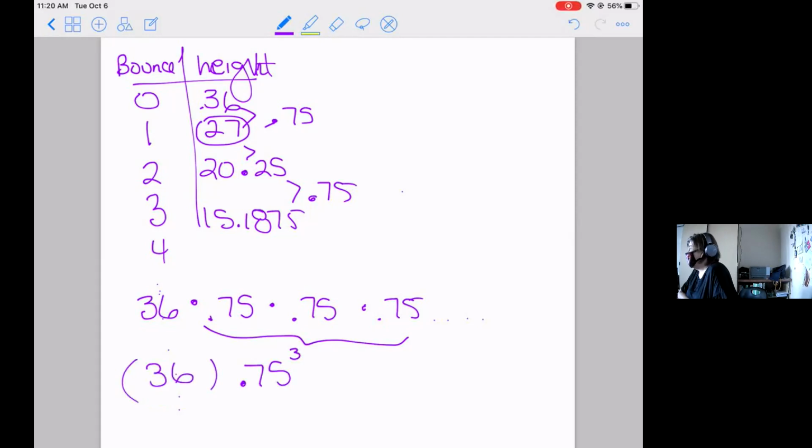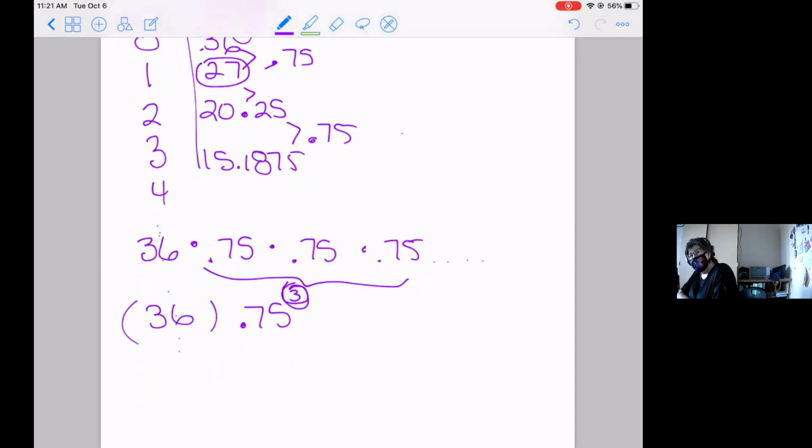What if it was the 6th bounce? What would I change? I would change the 3 to a 6. If I wanted the 10th bounce, I would change this 3 to a 10. So if this is what's changing, that would be our variable, wouldn't it?